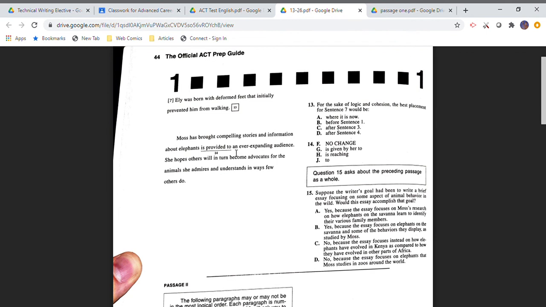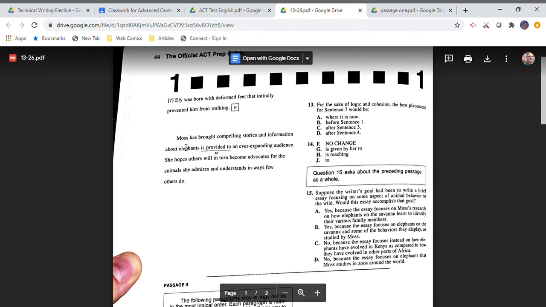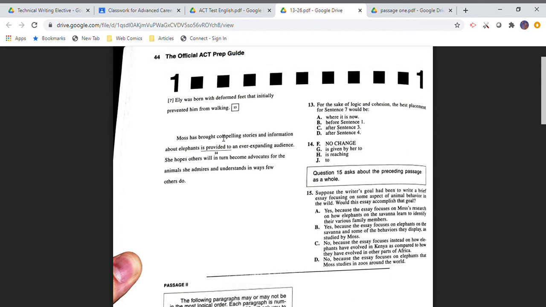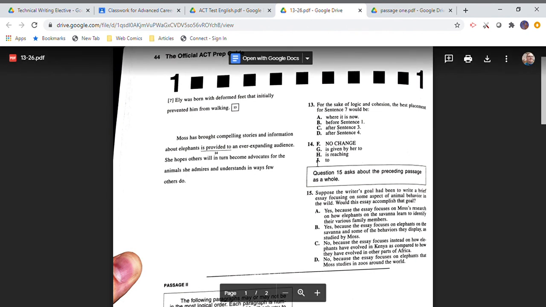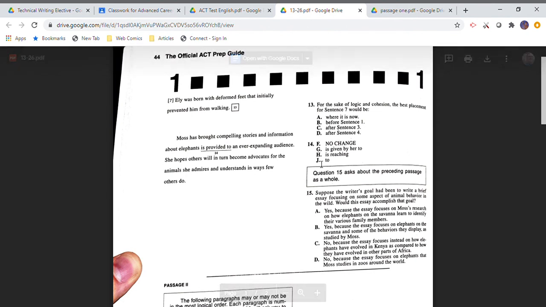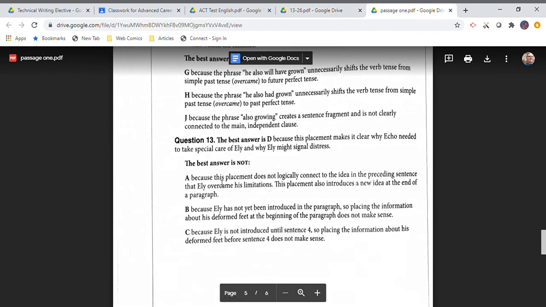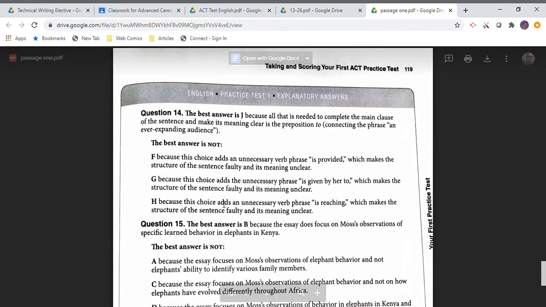No. "Moss has brought compelling stories and information about elephants is reaching an ever..." No. "Has brought compelling stories and information about elephants to an ever-expanding audience." Bam. 14 is J, because all that is needed to complete the main clause is a 2.